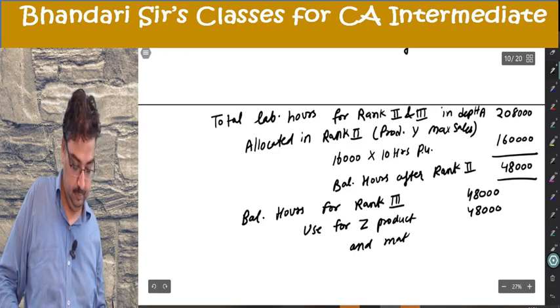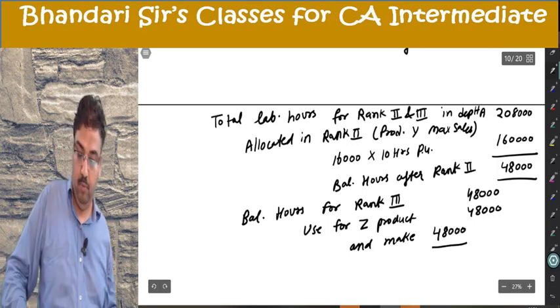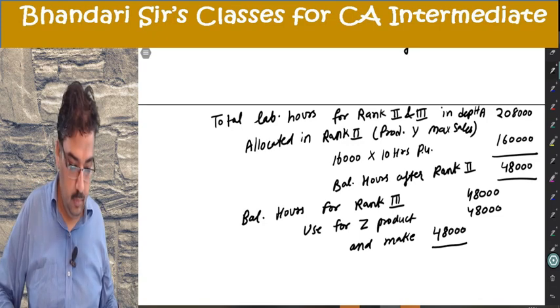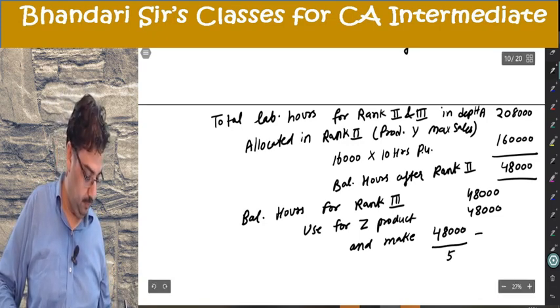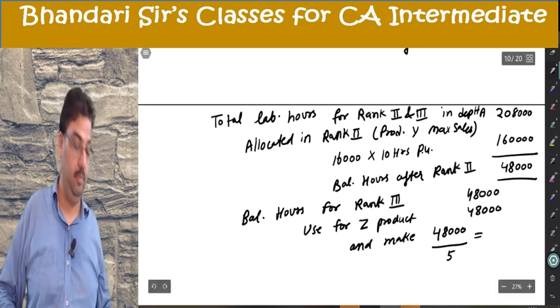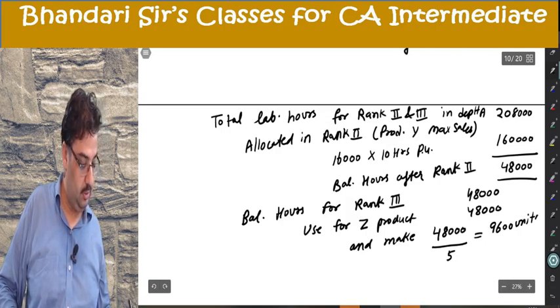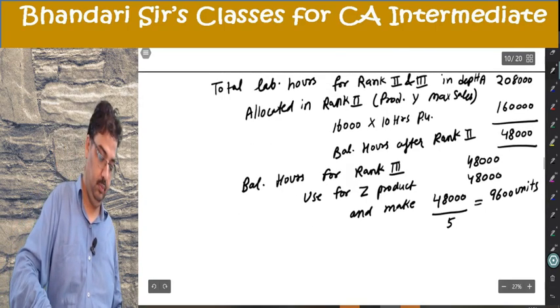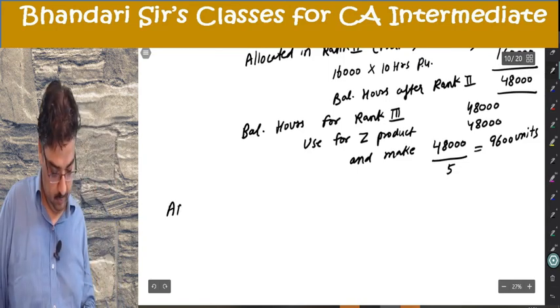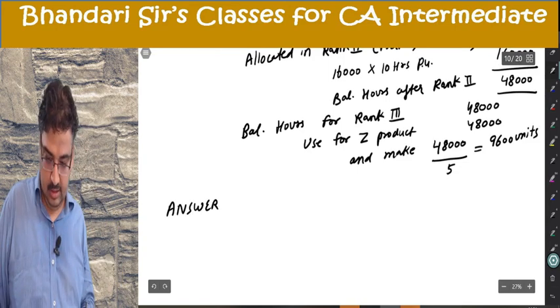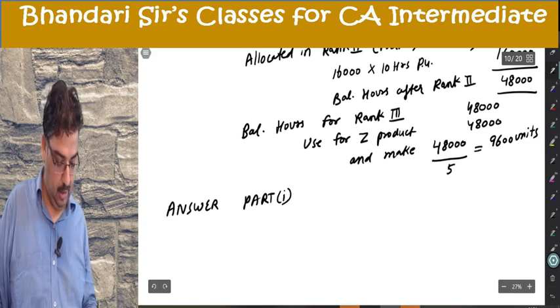How many units will you be able to make with that? 48,000 divided by 5, 5 hours per unit is needed: 9600 units. Answer part 1.